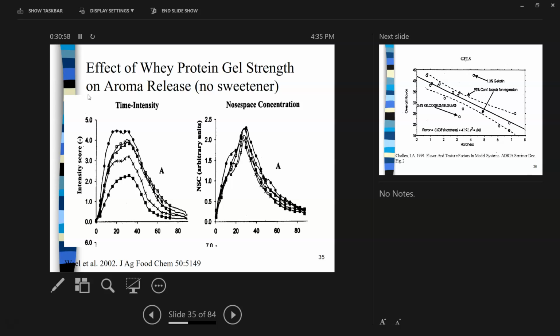So what you find is, this is the time of intensity. So this is sensory rating. This is a very thick gel. This is a less thick gel. This is a really runny gel. So we've got liquids to very strong gels.